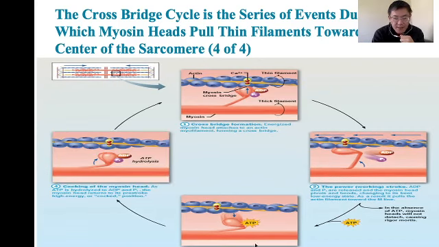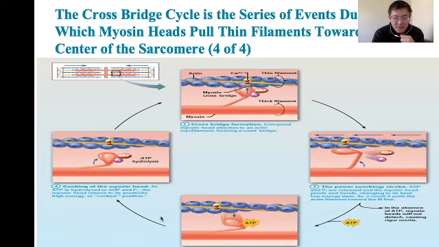Next step, ATP is degraded to ADP and phosphate. The released energy will be captured by the myosin head, so the myosin head can extend to attach to the next binding site of the actin.